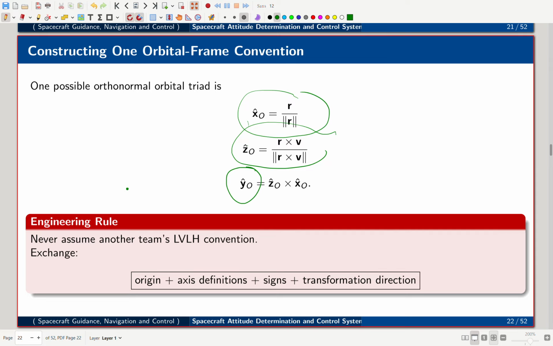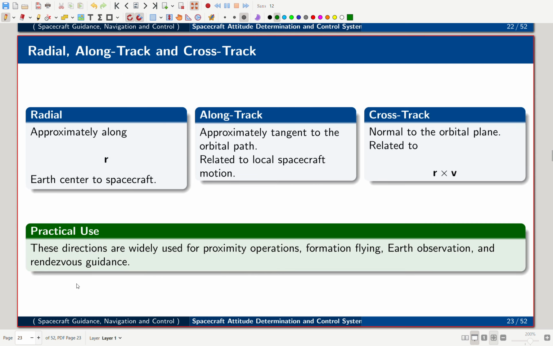So engineering rule: never assume another team's local vertical local horizontal convention. Exchange origin plus axis definitions plus signs and transformation directions.